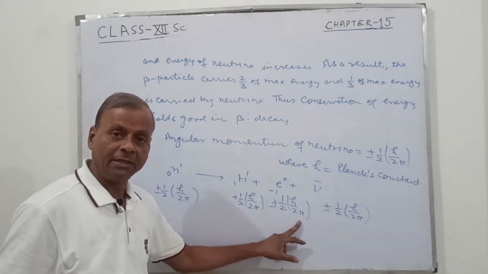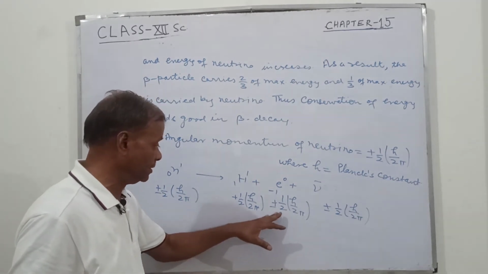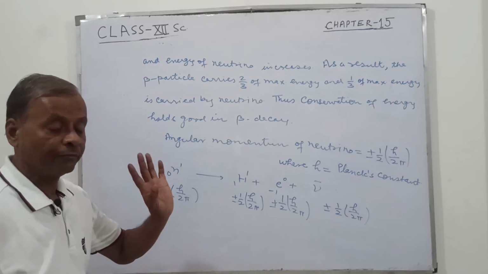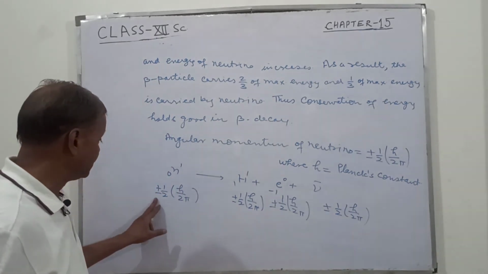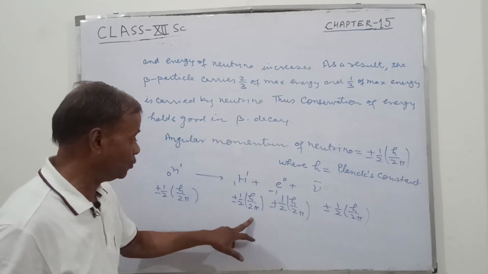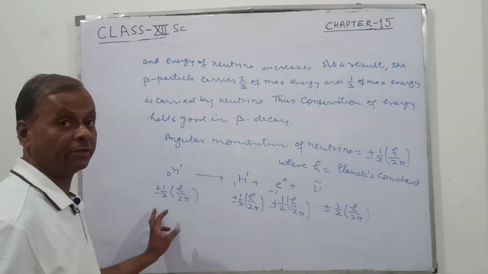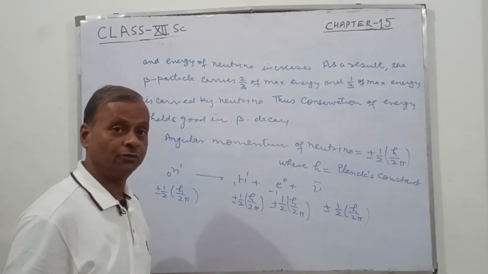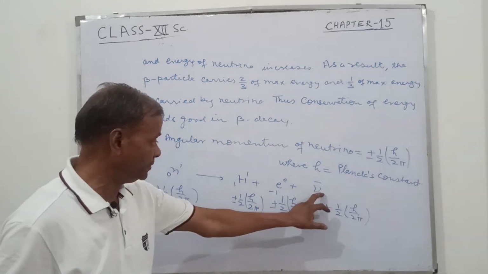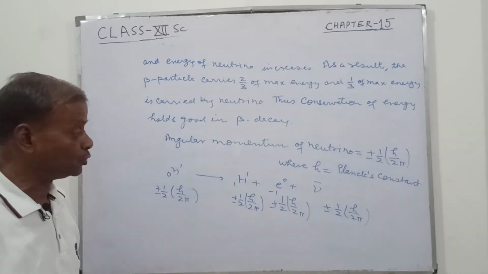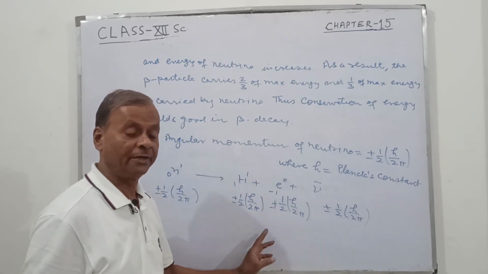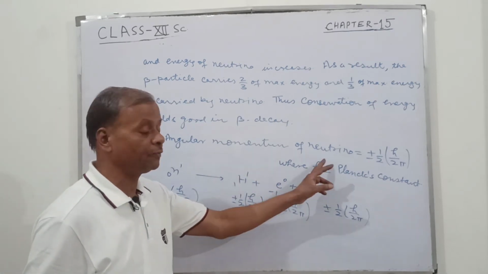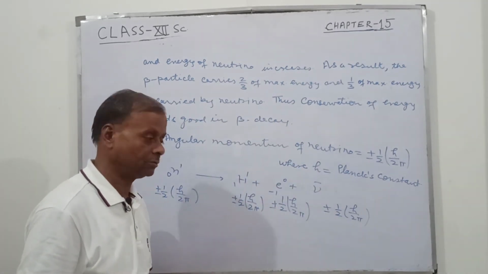If they are anti-parallel to each other, then this momentum will be 0. So even if this is 0, the angular momentum of this particle must be an integral multiple of 1 by 2 h upon 2 pi. Then the conservation of angular momentum holds good.